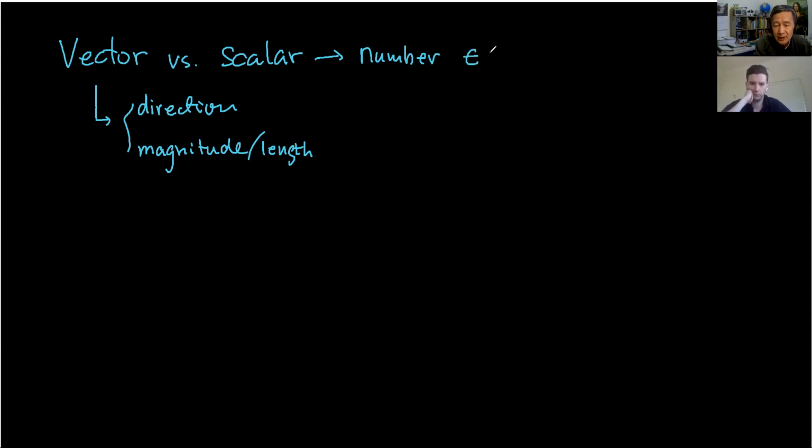And of course, for the magnitude, we can always use numbers. So the length or magnitude is also a number, can you see? So the length or magnitude is a scalar. Therefore, we can use numbers to describe the magnitude of vectors. And again, it is a real number, right?